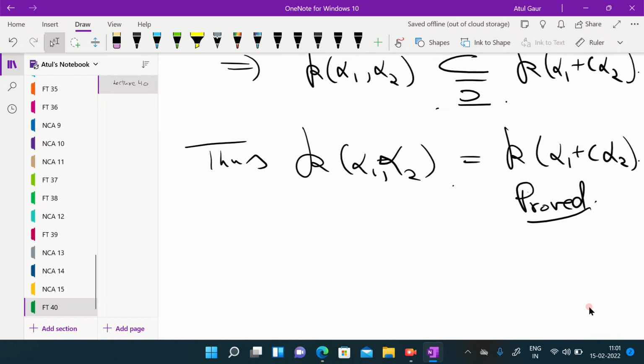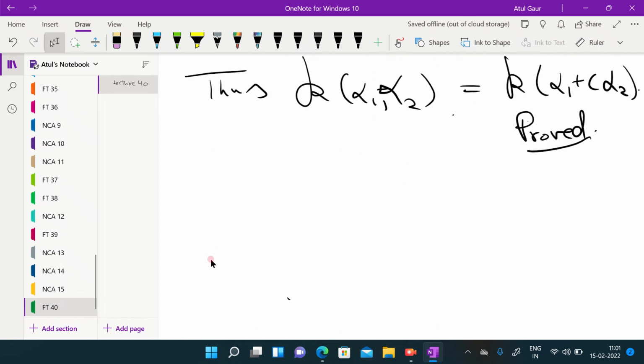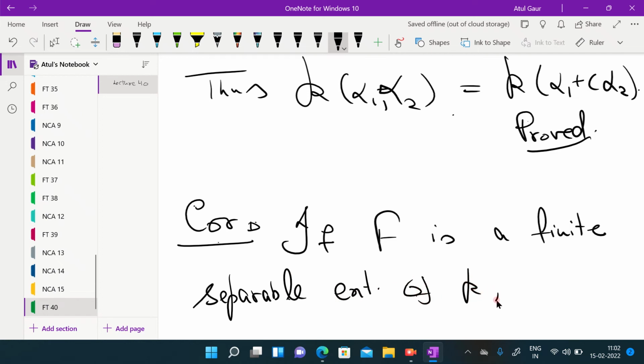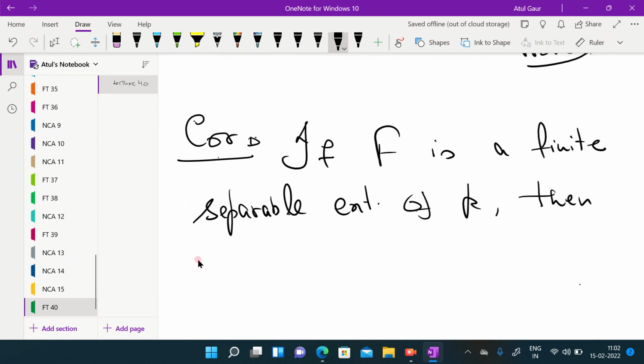Okay, so as an immediate corollary to this, if F is a finite separable extension of K, then F has a primitive element over K. So that means finite separable, it's simple.